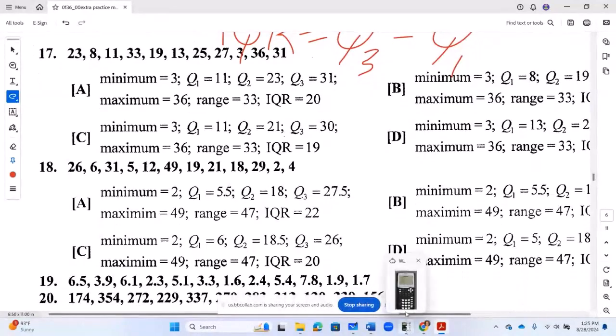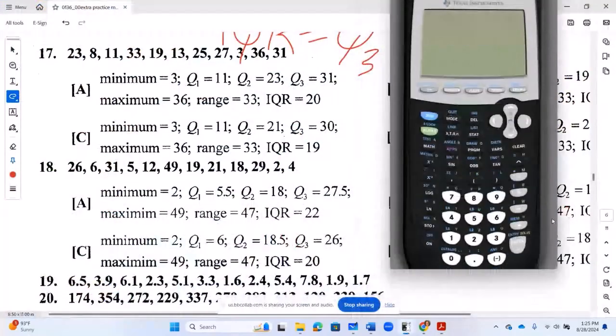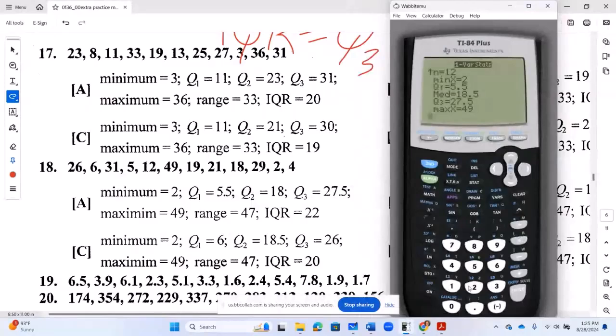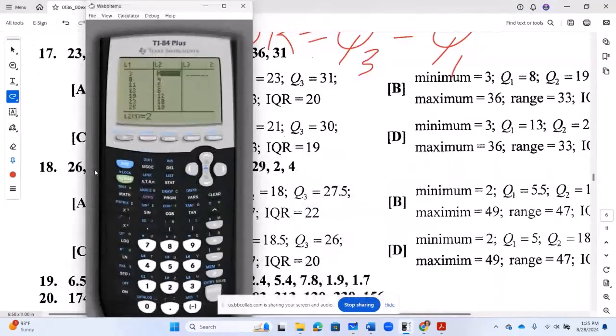I still have number 18 in my calculator. Let me go back to stats and edit. Number 18 is L2. Now I want to organize this as a stem and leaf plot. I'm going to start with 0: 0, 2, 0, 4, 0, 5.